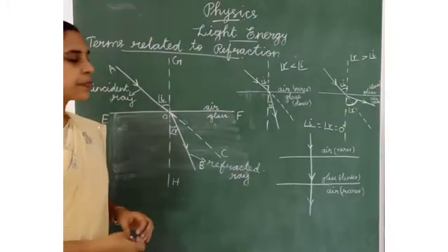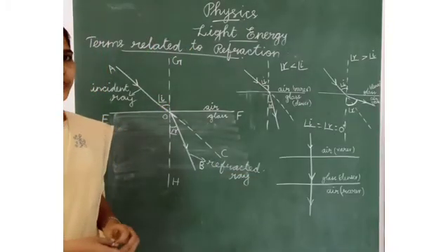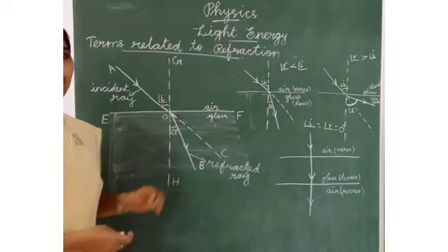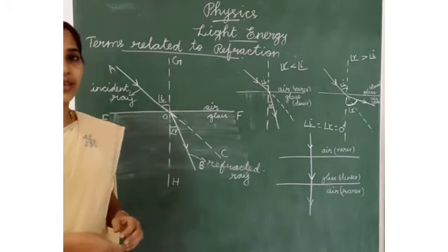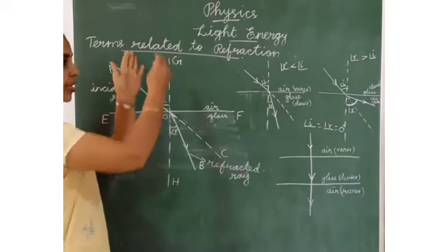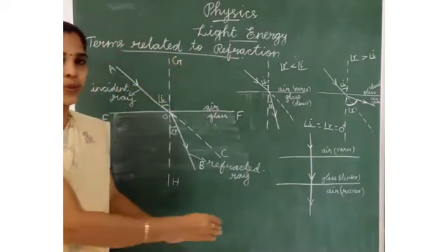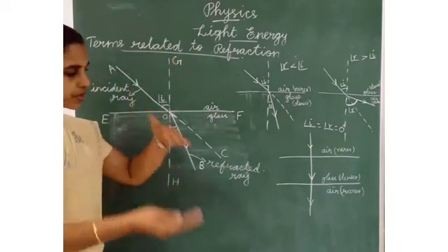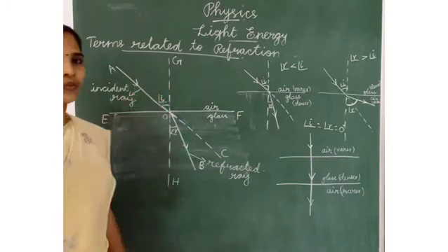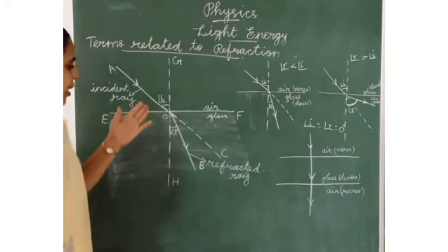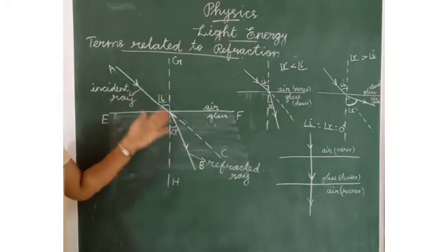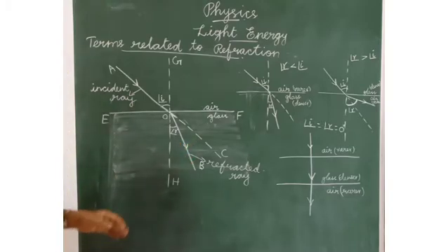According to the principle of reversibility, the path of light is reversible. Light passing from one medium to another medium, and again from the second medium to the first medium, takes the same path.